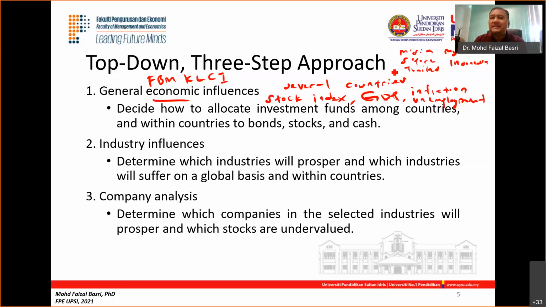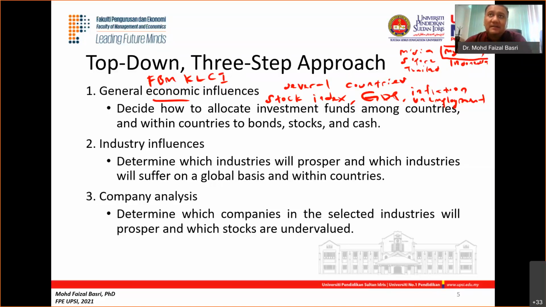Besides economic influences, sometimes for a country you can also look at political stability. For example, out of these 5 countries, Myanmar currently is not politically stable.